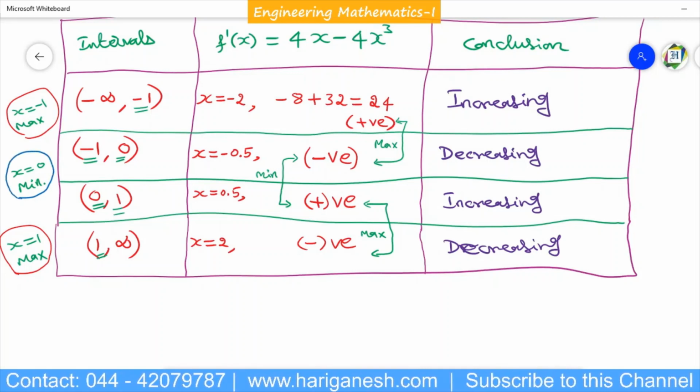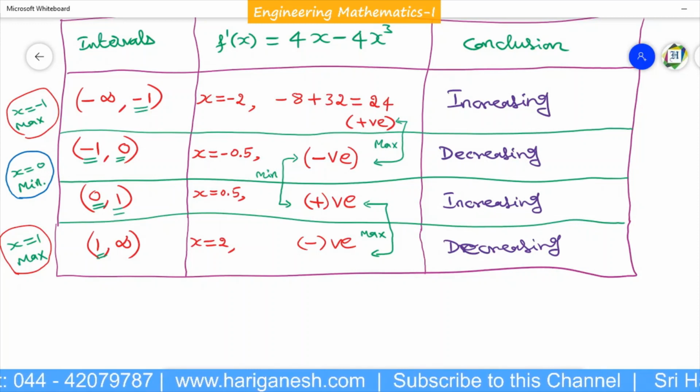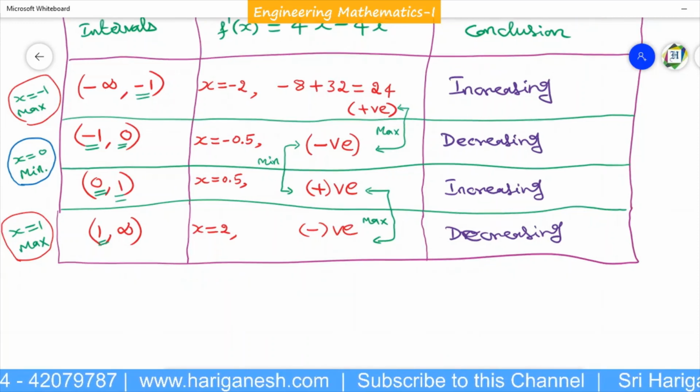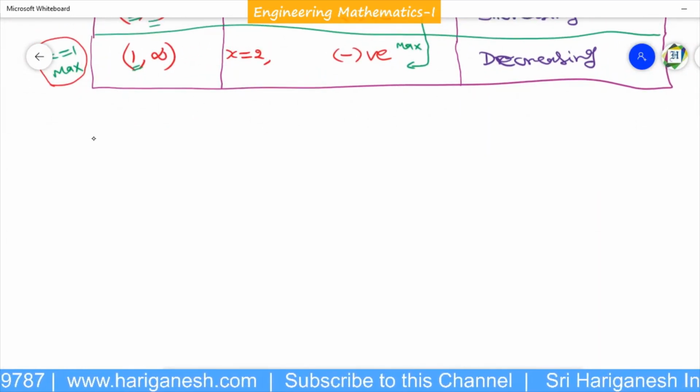Okay, so now I am going to find the maximum value and minimum value. So I am going to apply the first derivative test.